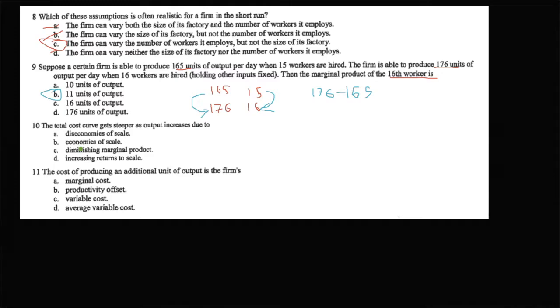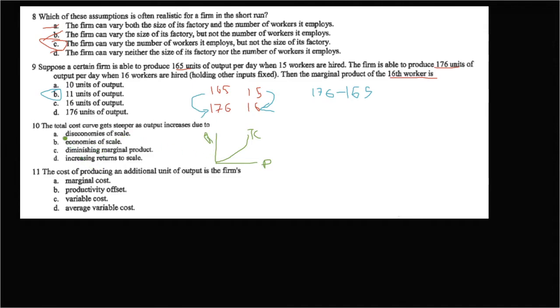Okay, number 10. The total cost curve gets steeper as output increases. This is your total cost curve. So price, quantity.